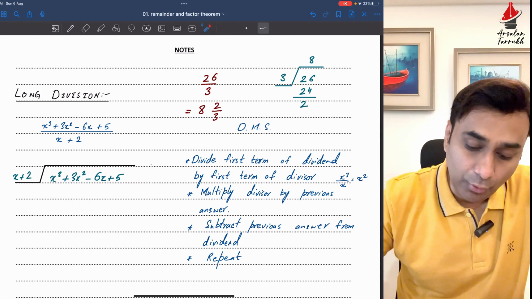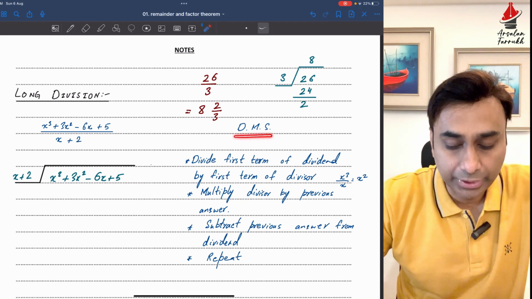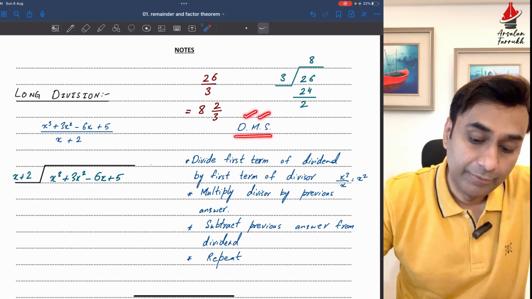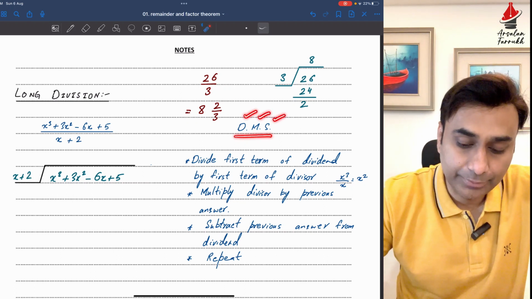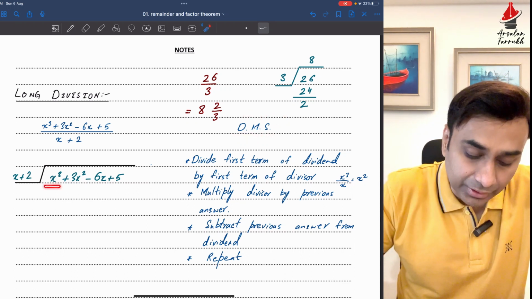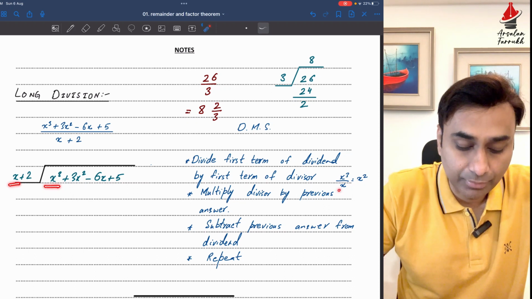Now, to perform the process of long division, repeatedly I have to follow these 3 steps, D, M, and S. Just keep that in mind. Divide, multiply, and subtract. Now, how you do that is very important. You will pick the first term of the dividend over here and divide it by the first term of divisor.